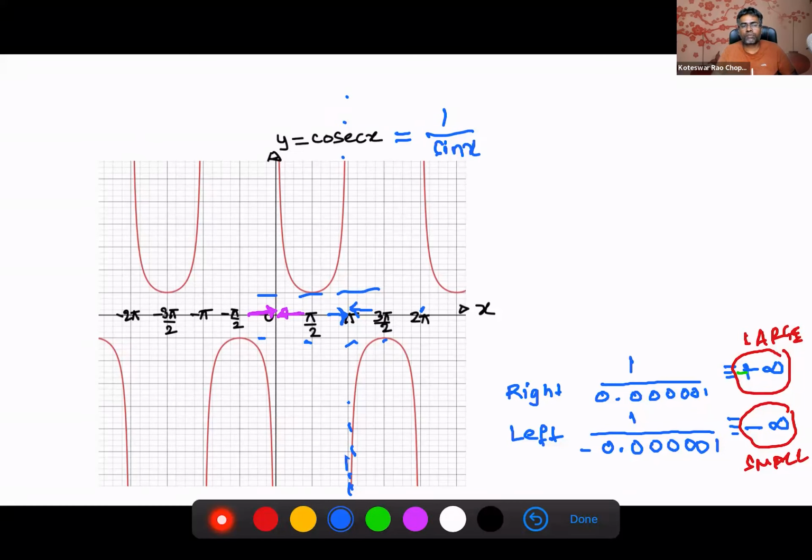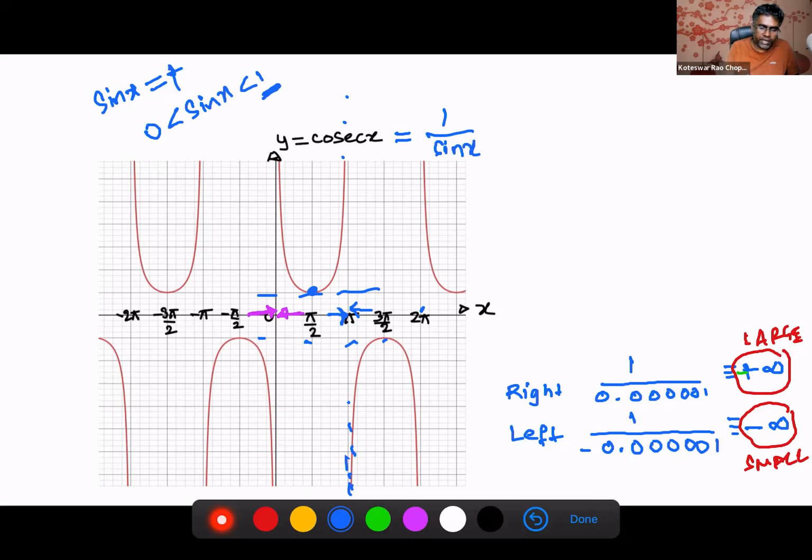If sin x is positive, it is between 0, but 0 is not included, and 1. When sin x is 1, your cosecant x is 1.